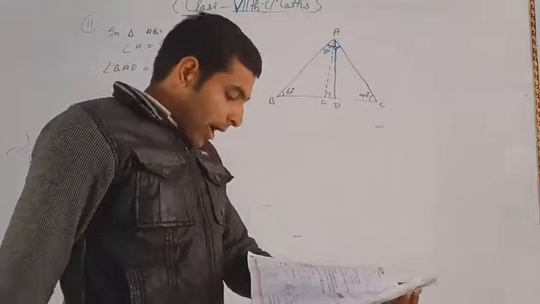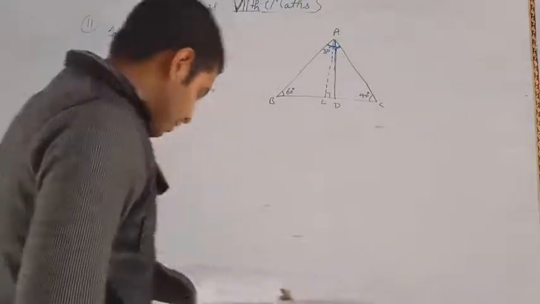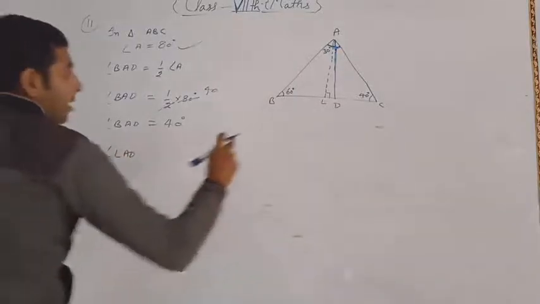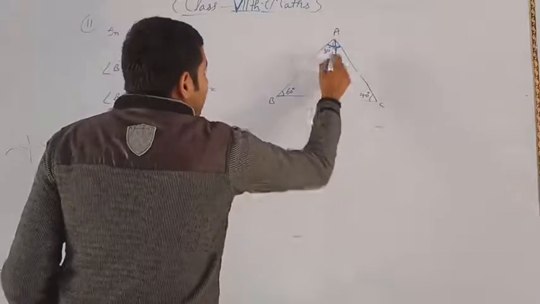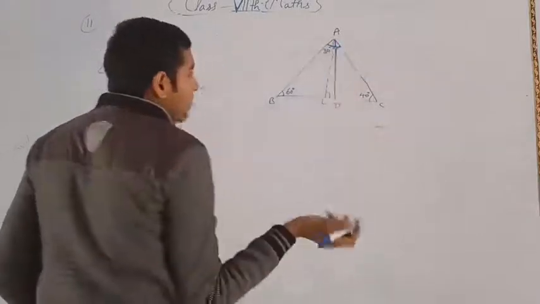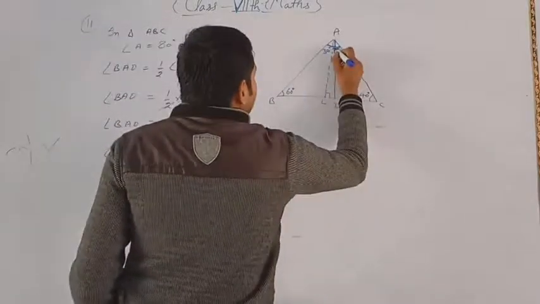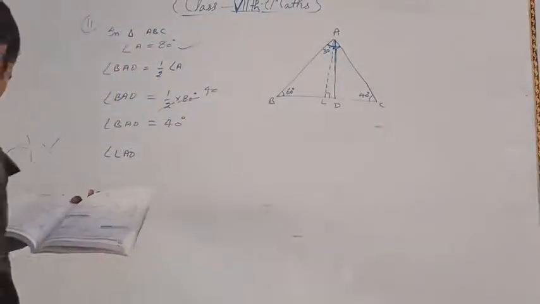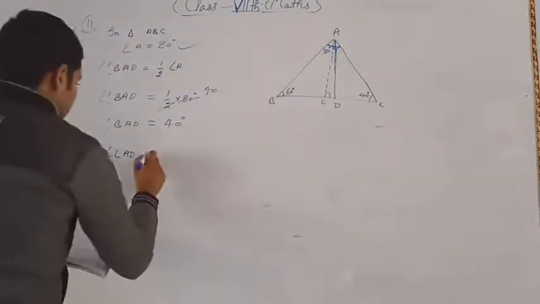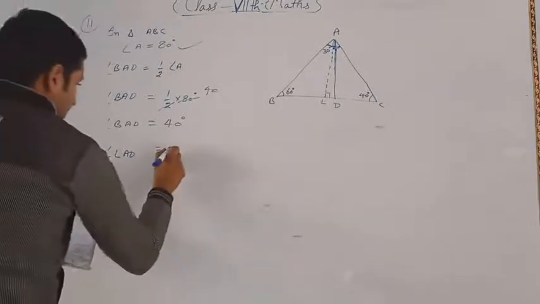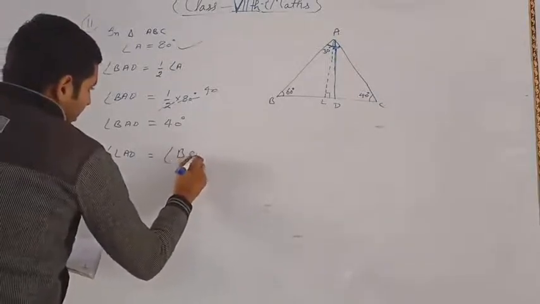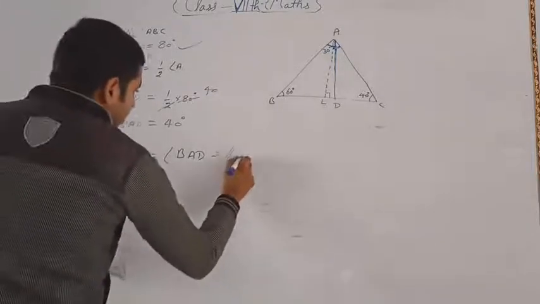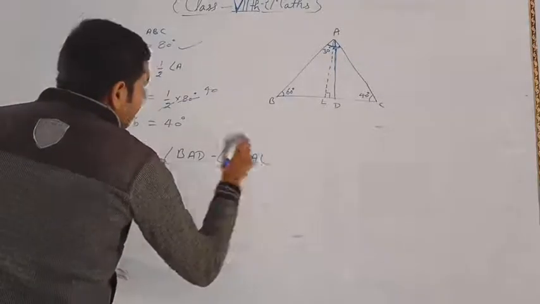Again we have to find angle LAD. We have to find this angle. So from here, angle LAD is equal to angle BAD minus angle BAL.